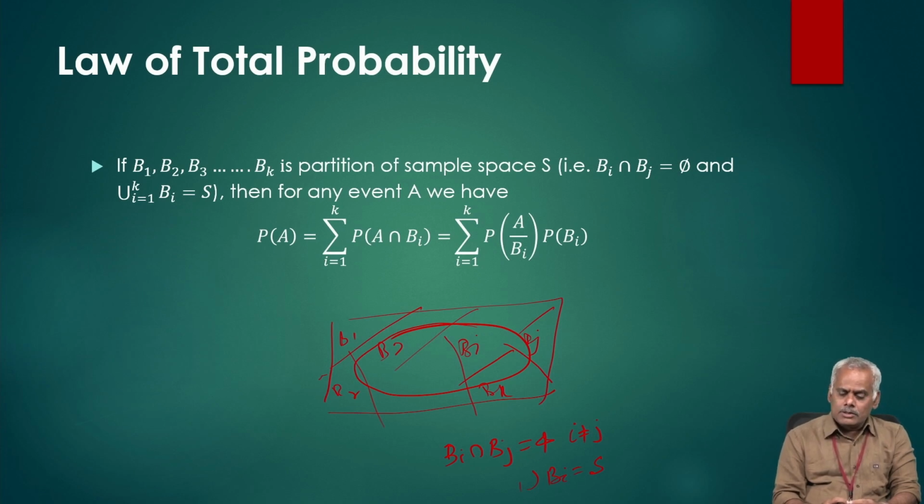This theorem is called the law of total probability because event A is part of B1, part of B2, part of B3, and part of Bk, and union of all these is event A. So probability of A is equal to summation of probability of A intersection Bi.